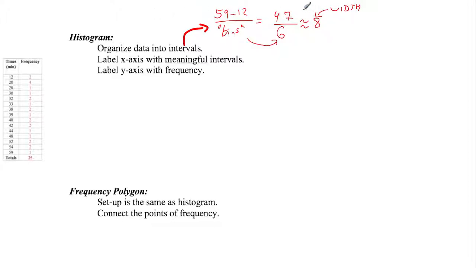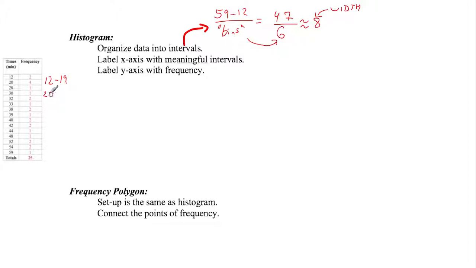So if the width is going to be 8, my starting value is 12, then it's going to go up to 19. Now I know what you're thinking. 12 plus 7 is 19, but we count 12. So if you count 12, 13, 14, 15, 16, 17, 18, 19, that actually has 8 values in there. So that's covering a width of 8.